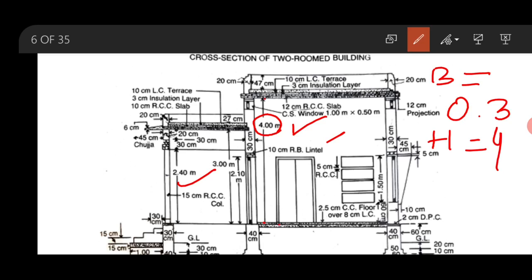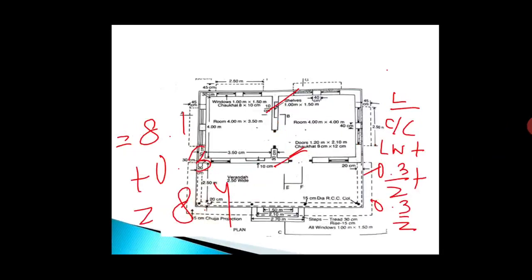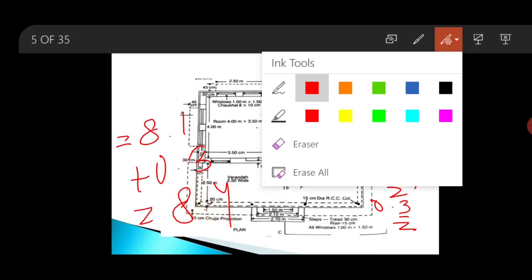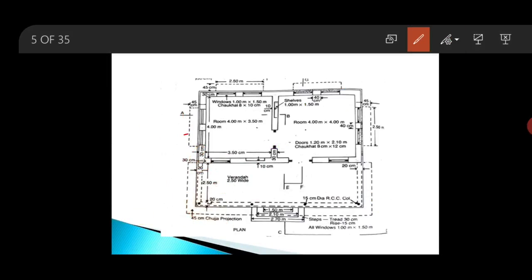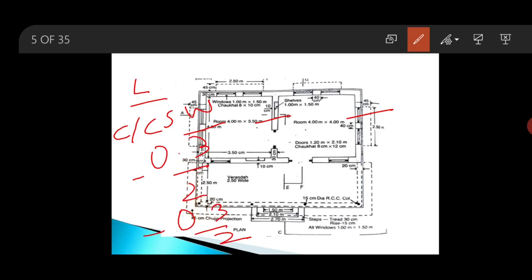Similarly, for length calculation along short wall, these three are the short wall. In order to get the length of the superstructure along short wall, its length will be center to center length of short wall. From that we will subtract half of the width of the superstructure from both the sides.